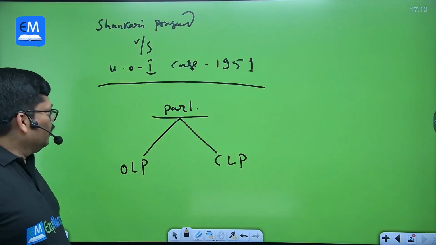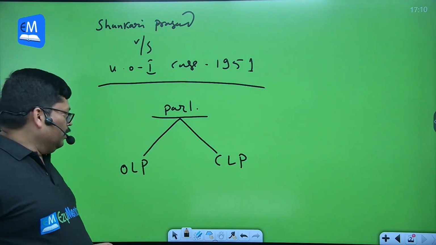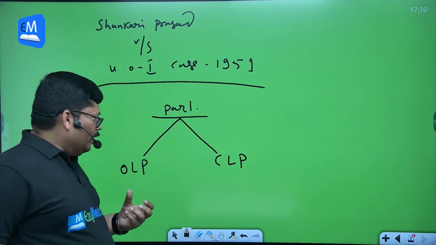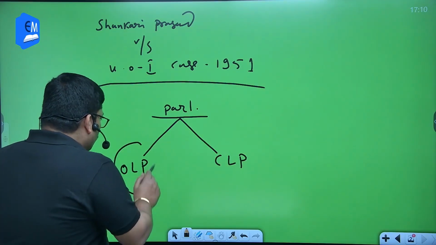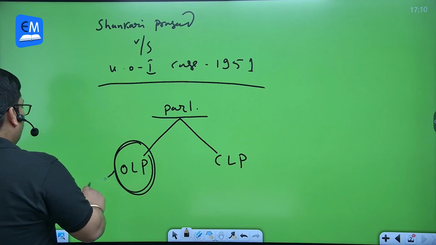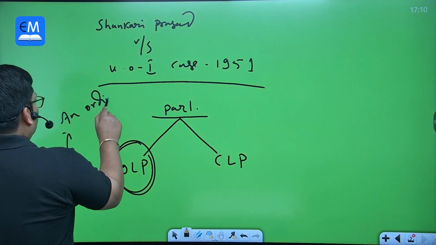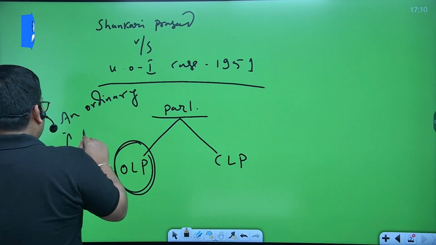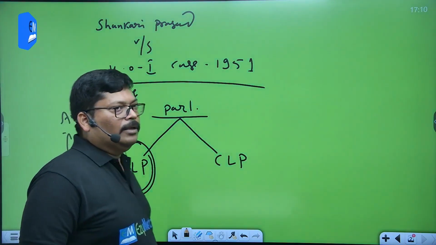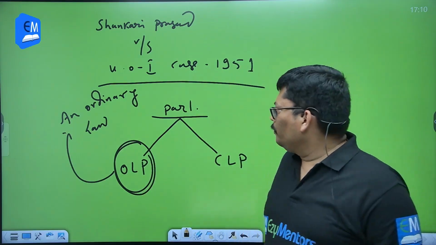Okay. The court opined that whatever is done by the Parliament of India within the edges of its ordinary legislative power would be referred to as an ordinary law. It means that the Parliament has the power to formulate ordinary laws. The Parliament has the law-making power.